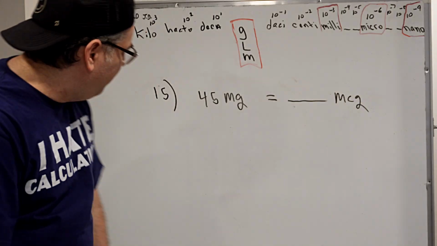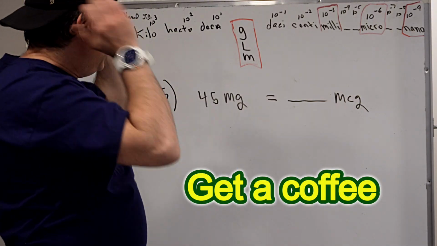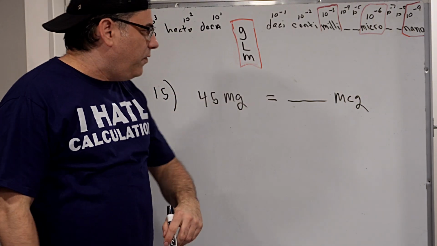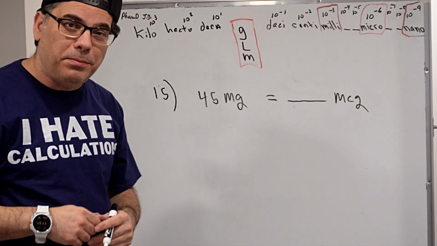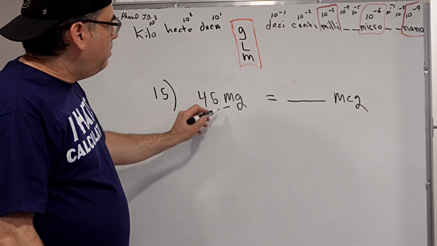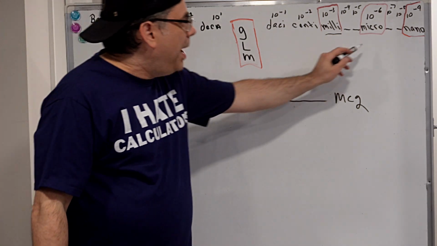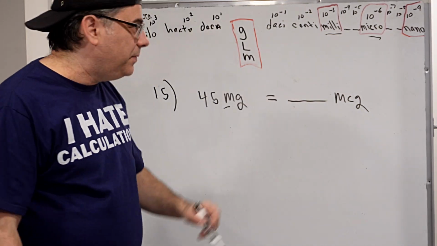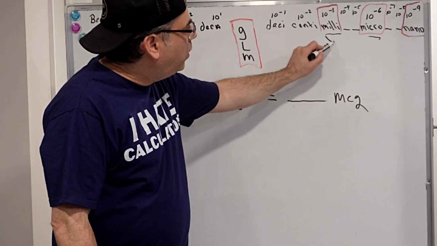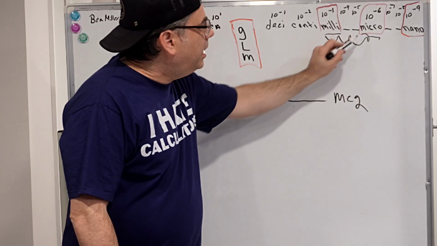Question 15, 45 milligrams is how many micrograms? Okay, milli is over here, 10 to the negative 3. Micro is over here, 10 to the negative 6. So we're going 3 spaces. 1, 2, 3.